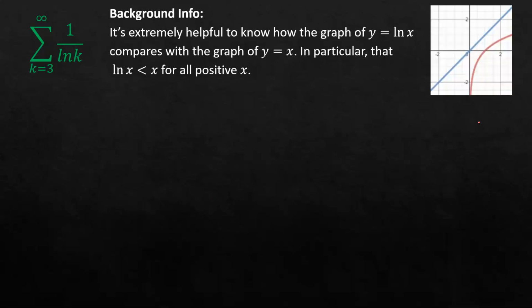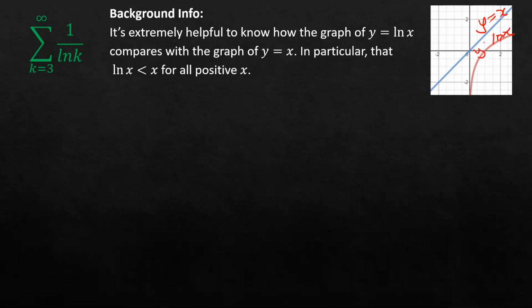All right, one more. For this problem, one piece of background information that would be really useful for you to visualize is that the line y equals x is always going to be above the curve ln of x.